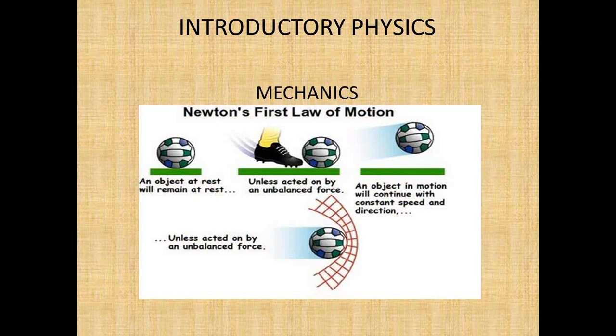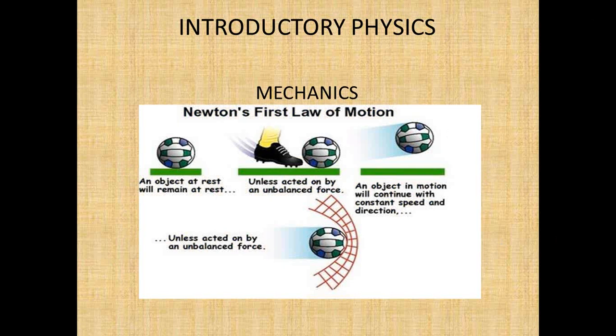So we gave this example: the soccer ball is at rest on the soccer field. So it's an object at rest and it will stay there unless an unbalanced force moves it. So if someone kicks the ball, that's an unbalanced force.